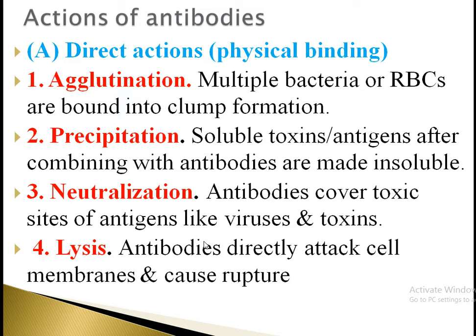In the process of agglutination, multiple bacteria or RBCs are bound into clumps. They settle down one over the other, forming clumping of these cells. In the process of precipitation, soluble toxins or antigens, after combining with antibodies, are made insoluble and the precipitate is laid down.